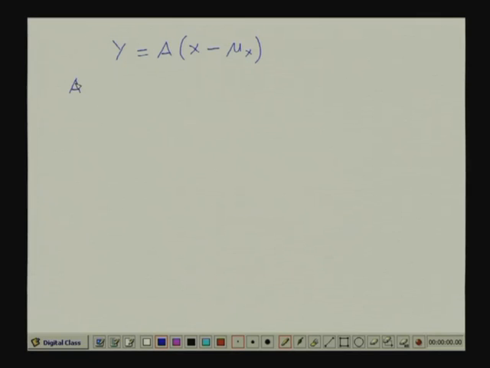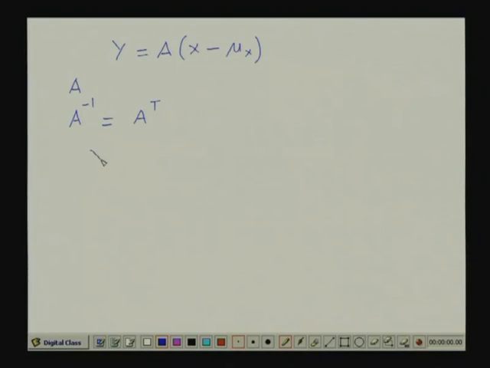So, A consists of rows which are orthogonal vectors, and because rows of A are orthogonal vectors, this simply says that the inverse of A is nothing but A transpose. So, now the inverse of A is very simple. If you simply take the transpose of the transform matrix A, you get the inverse of A.